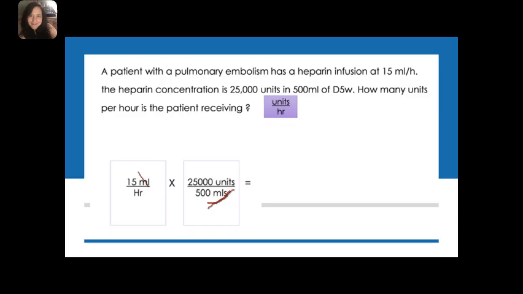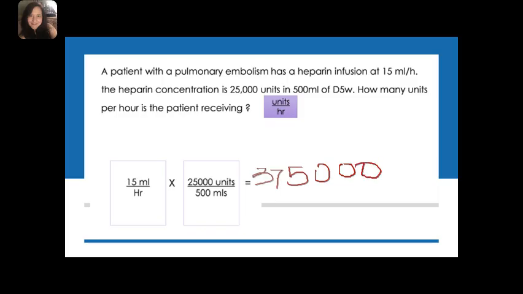Now it's just simply doing the math, multiplying the numerators and then the denominator, and then dividing it. So let's try to do this. I get 15 times 25,000 gives us, and again, we have to be careful with this, I think it's 375,000.